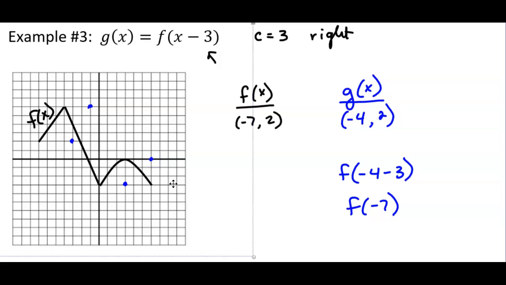And then our last point, moving that over 3. You could find the ordered pairs for all these points, and then we just have to try to draw it. Not a very good curve on that last part, but that's the idea. And then that would be g of x.